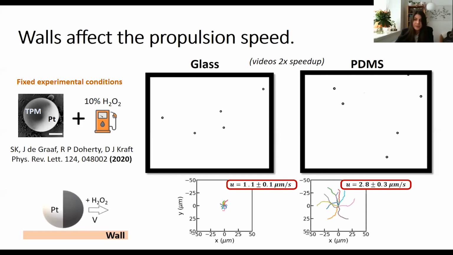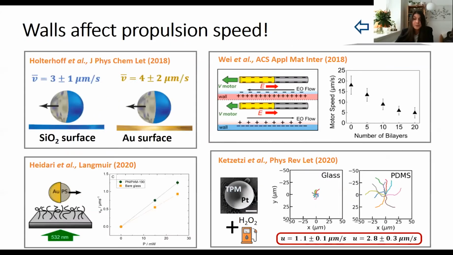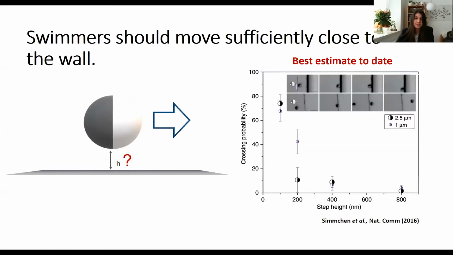Not only us, but many other groups have also reported wall effects on the speed of swimmers in the literature. So this brings me to the question of today's talk. Since we and others are able to measure wall effects, this suggests that the particles should move sufficiently close to the wall. But the question is, how close?